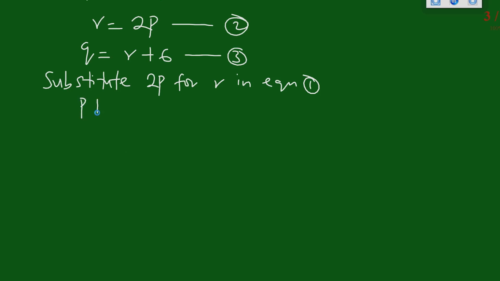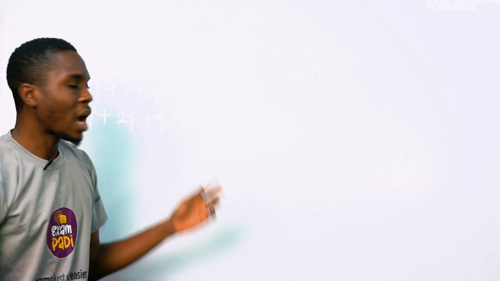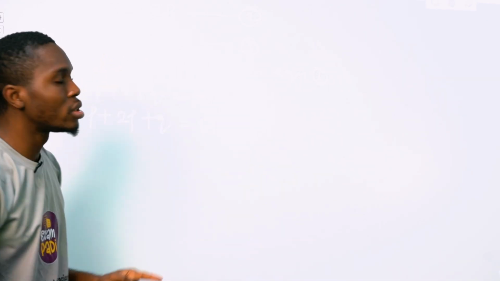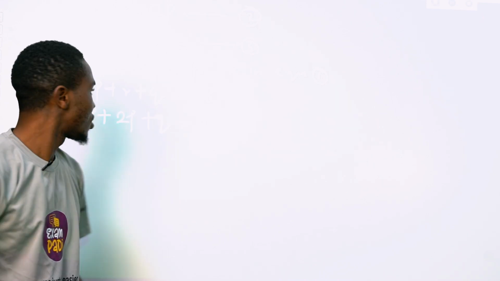Remember, equation 1 is P plus R plus Q equals 81. So I'm to substitute 2P for R in this equation. So I'll have P plus 2P plus Q equals 81. And for equation 3, we are left with Q equals R plus 6.